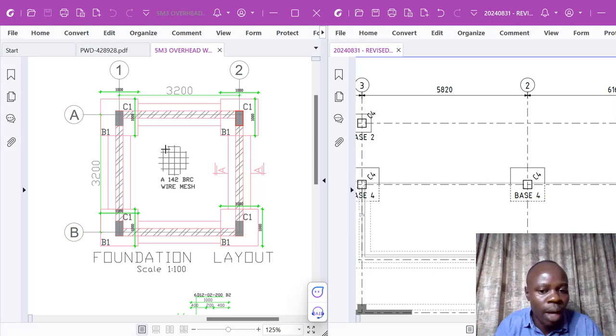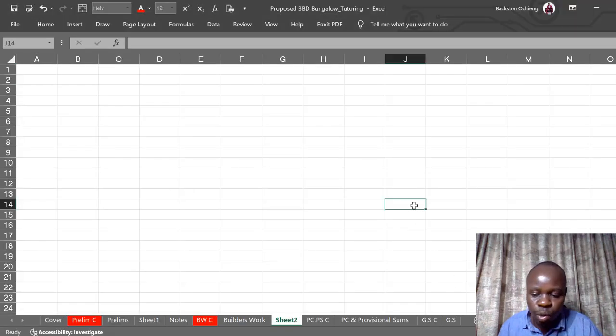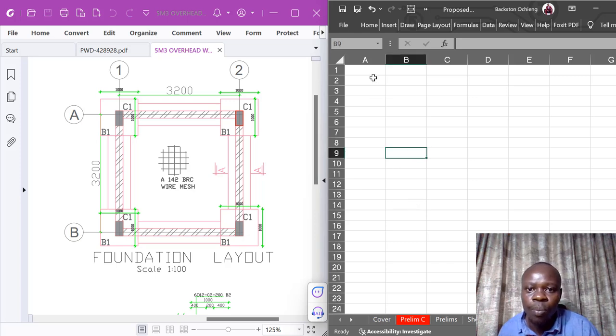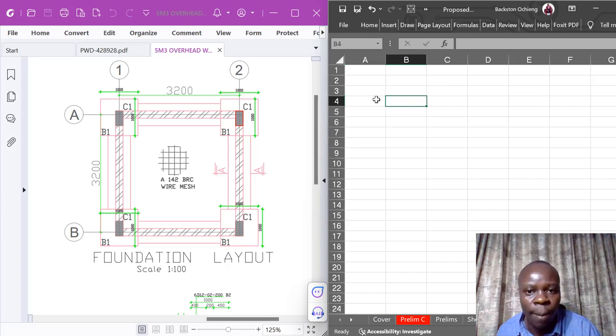Now we are going to the plan to draw the quantities of these specific items which we are concerned with today. So this is our blank Excel sheet, where we're going to draw just simple quantities for those specific items we have talked about.